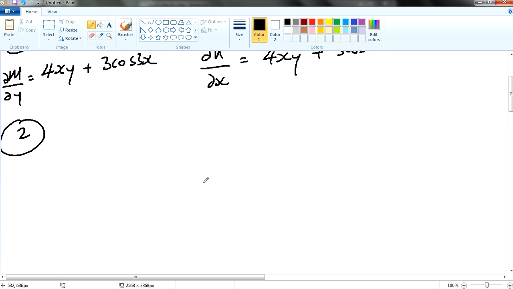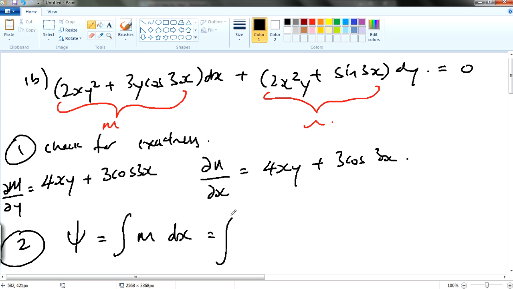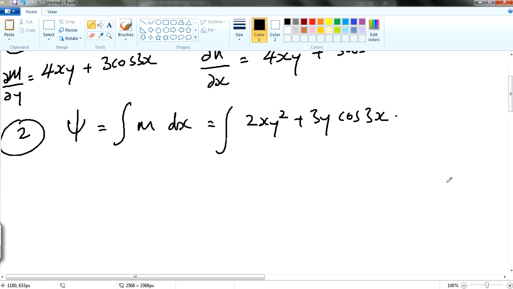In terms of xi, the partial of xi with respect to x equals M. So I integrate M dx, which gives 2xy squared plus, okay, now this is a problem, you have 3y cosine 3x. Let's see how first.